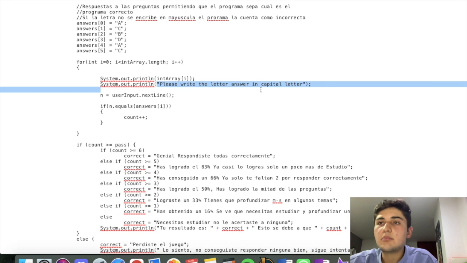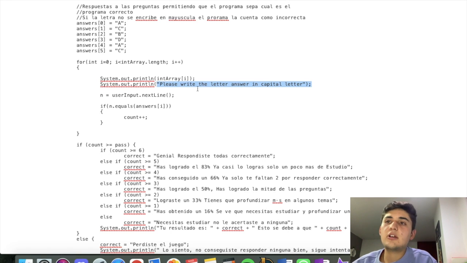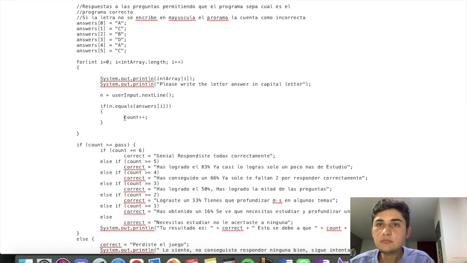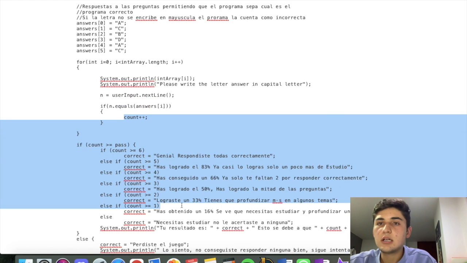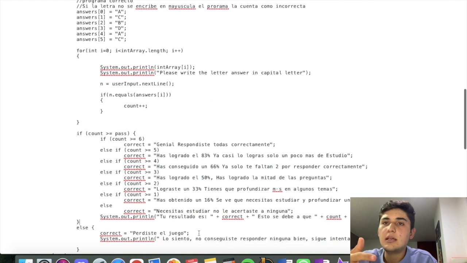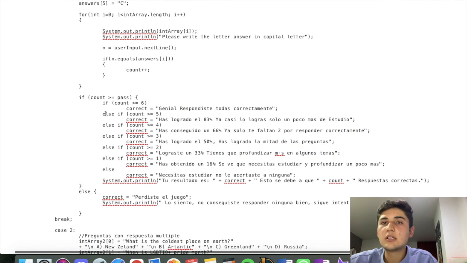Then in this part that says please write the letter answer in capital letter, you have to put the answer in capital letters, because if you don't, the program doesn't work. I also put this user input in, like a type of variable. From this part the program starts to count the correct answers.